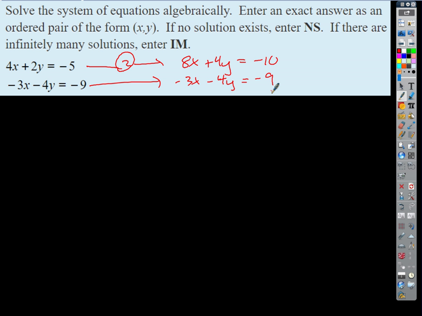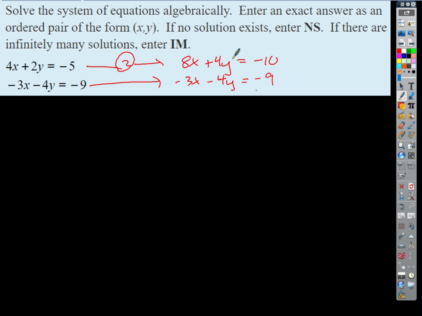So if I want to get rid of the x's, think what I'd have to do. I'd have to multiply both equations this time to get an opposite number of x's in both equations. I could multiply the top one by 3 to get 12x, and the bottom equation by 4 to get negative 12x. But I don't want to multiply two equations if I don't have to, right? So instead with the y's, if I just distributed 2 all the way through, look what happens. I get 4y and negative 4y, and so I eliminate the y's. That's the whole point, is to eliminate a variable.